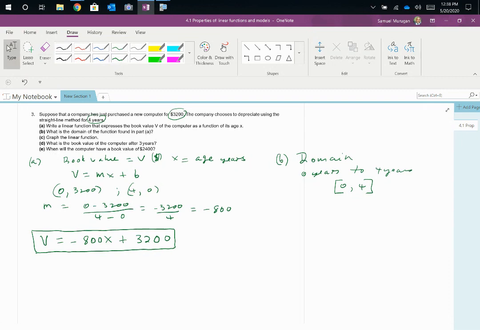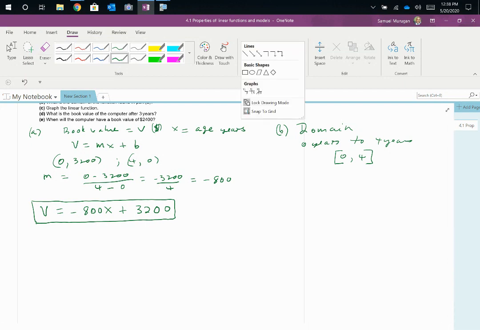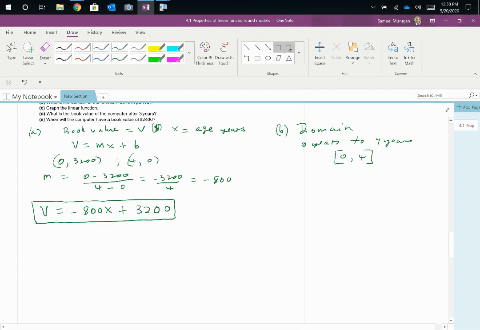Graph the linear function. Let's graph the linear function.